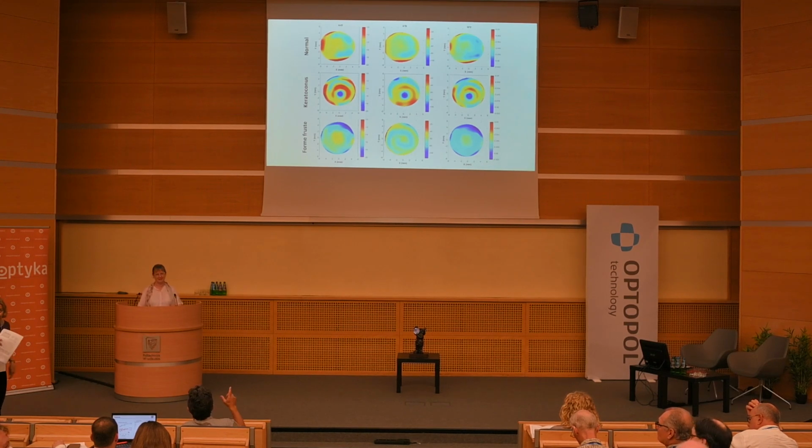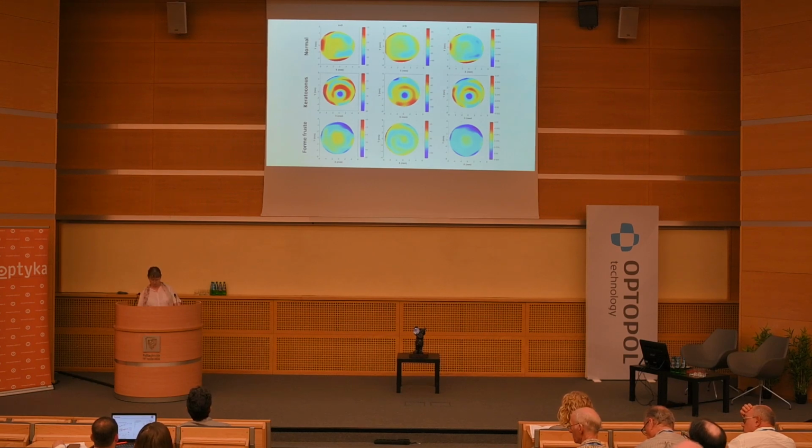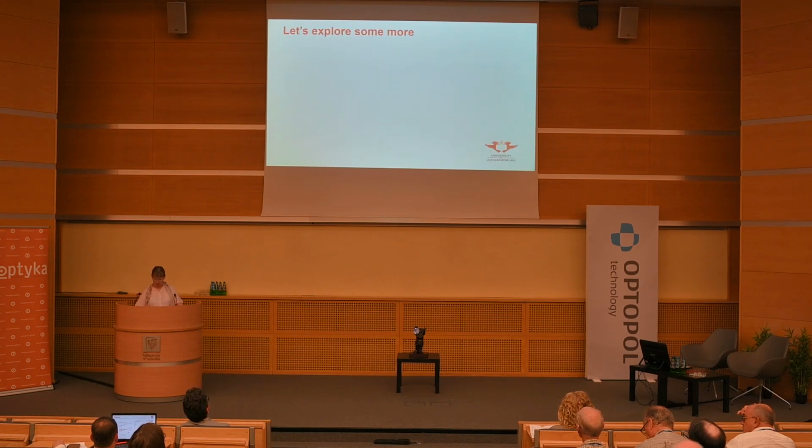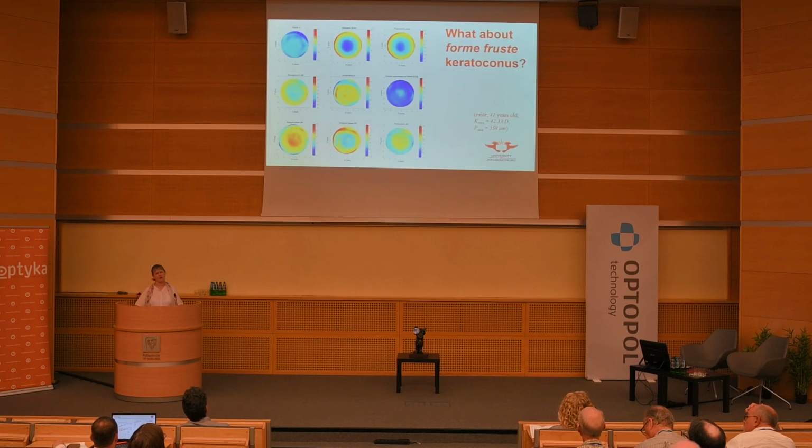Just a quick question. The P mean that you have for the keratoconus and forme fruste, what does that parameter signify? P mean? Yeah, you've got that on the slides where you show, let's say, keratoconus. Yeah, here, for example. What's that P mean? Minimum thickness.